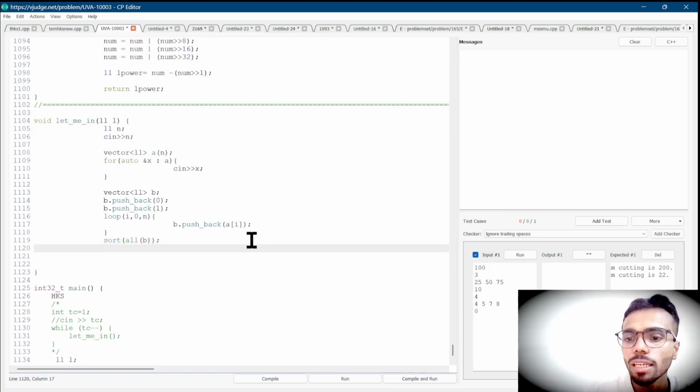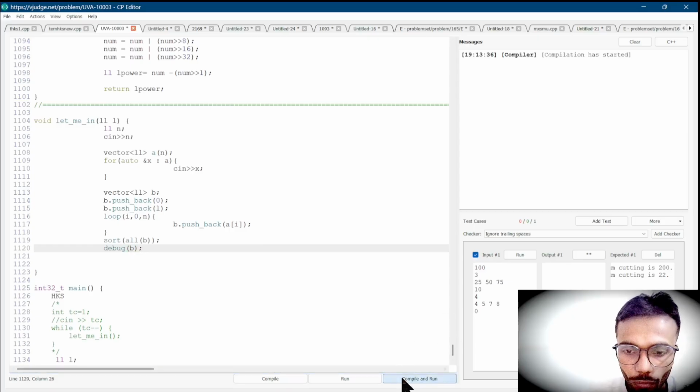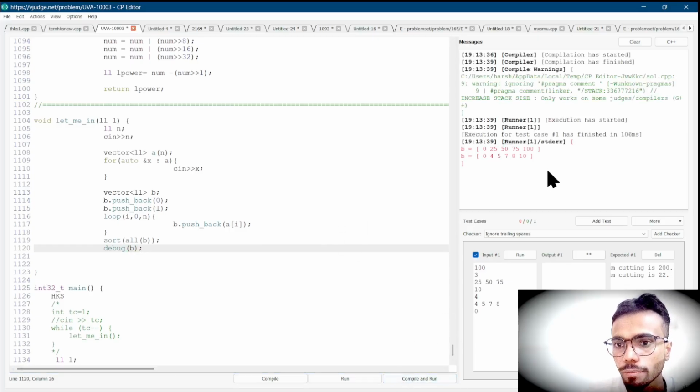That's why I'm sorting it. If I debug B here and see what we get, I get all the coordinates, including 0 and the length, the two endpoints of the stick. These are the coordinates I need to perform the cuts.